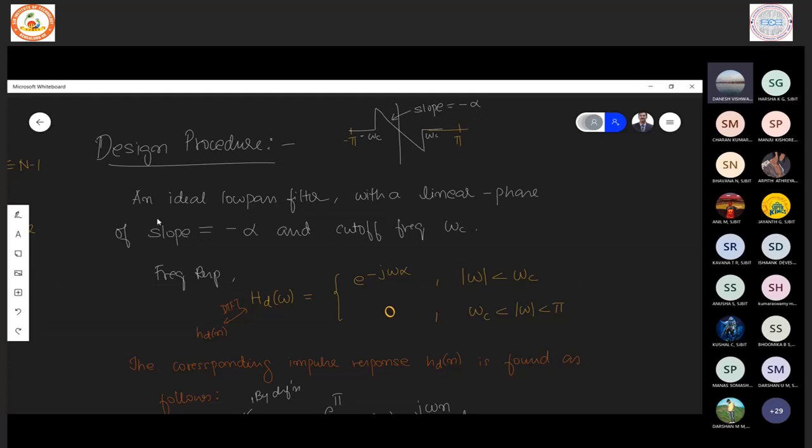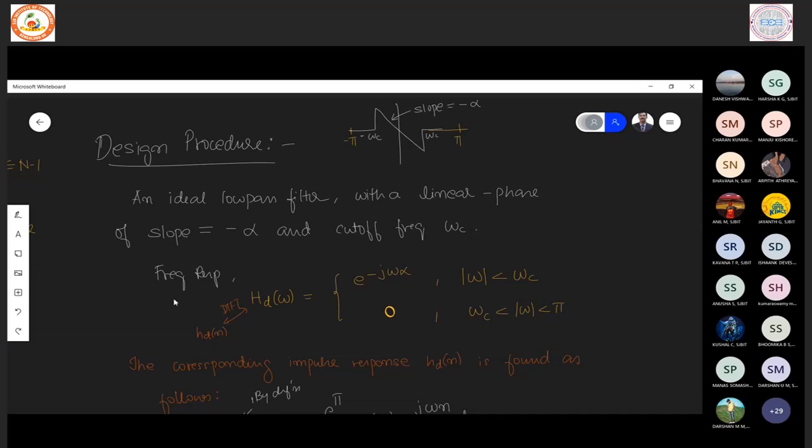An ideal low pass filter with a linear phase having a slope minus alpha and cutoff frequency omega c. Please remember, omega c is the cutoff frequency and the slope is equal to minus alpha. This is very important.